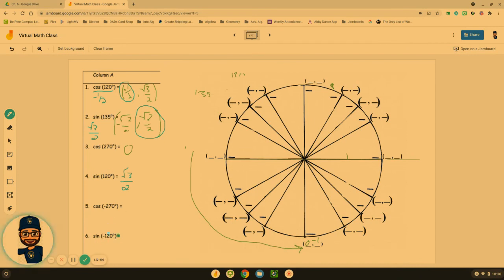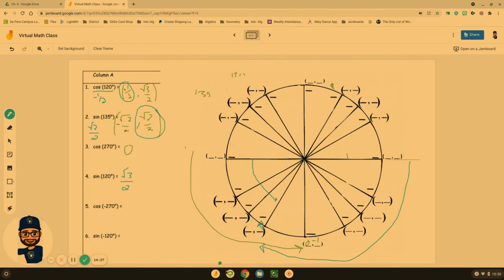I'm going to jump to this last one. The sine of negative 120. So we need to go in the opposite direction. We need to go clockwise. There's negative 90. And there is negative 120. We're sitting right here. So how far away from 180 is this one? Right? How far away is it? Well, if we're at 120, we would need to go 60 more, right?